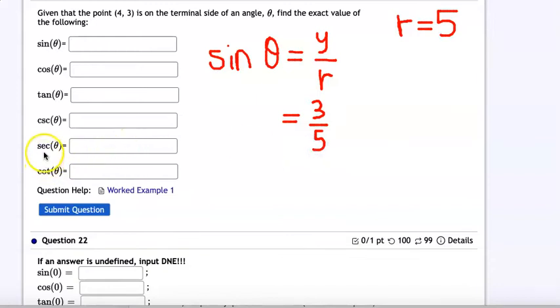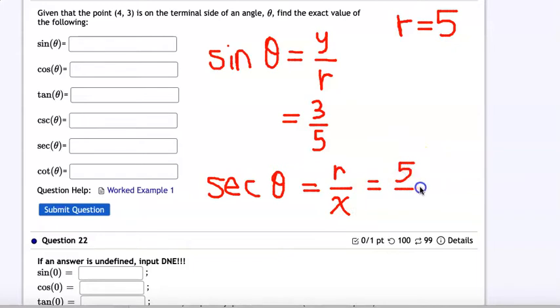Let's look at secant of theta. How is the secant of theta defined? In the green box on page 23, the secant of theta is defined as r over x. So this would be 5 over 4.